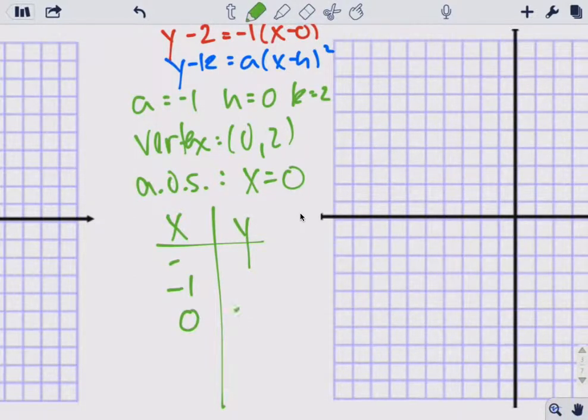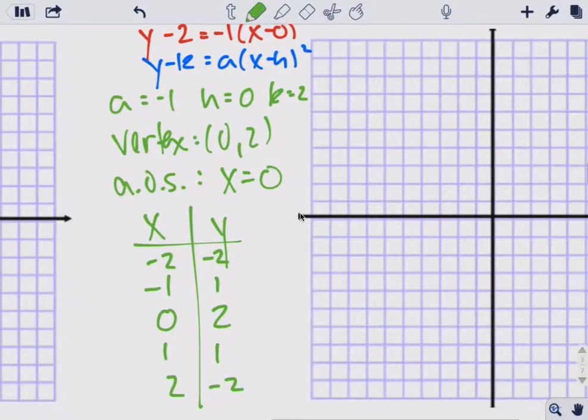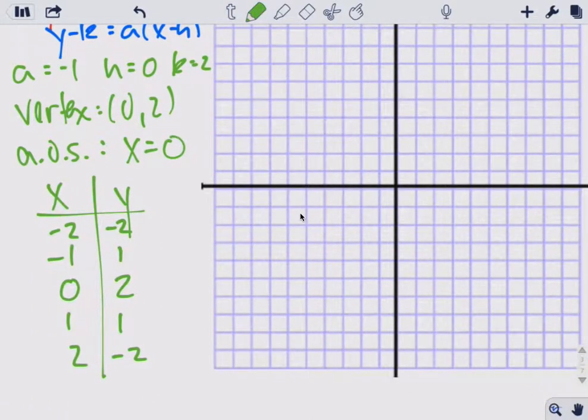We're moving left and right from the x. We are adding a, which means we're subtracting 1, and we're subtracting 4 times a, so we're subtracting 4. Now we plot those points. -2, -2, -1, 1, 0, 2, 1, 1, 2, -2.